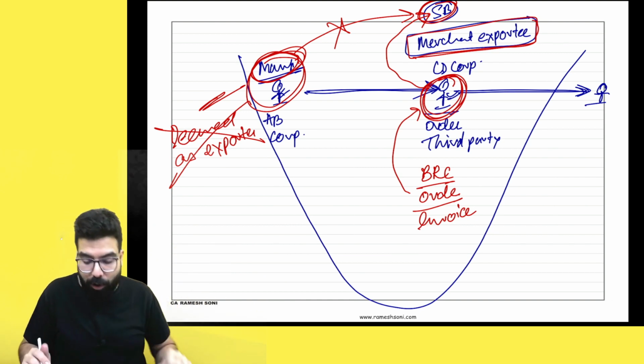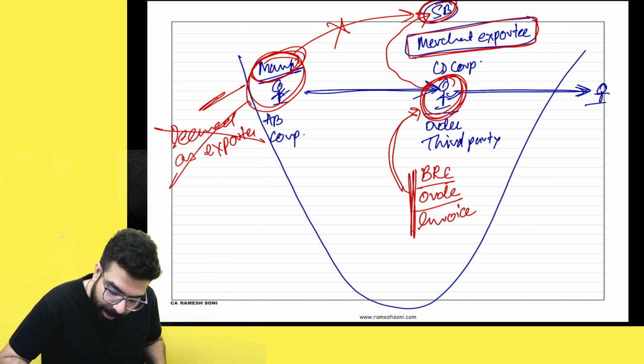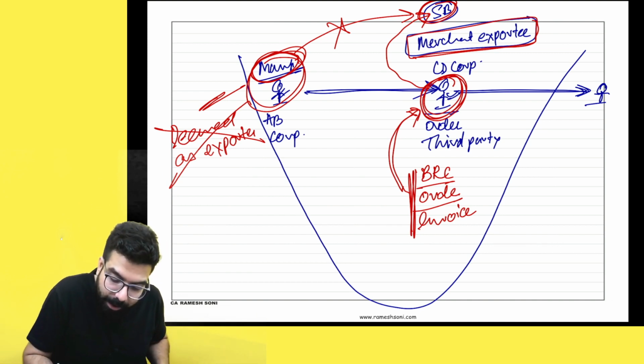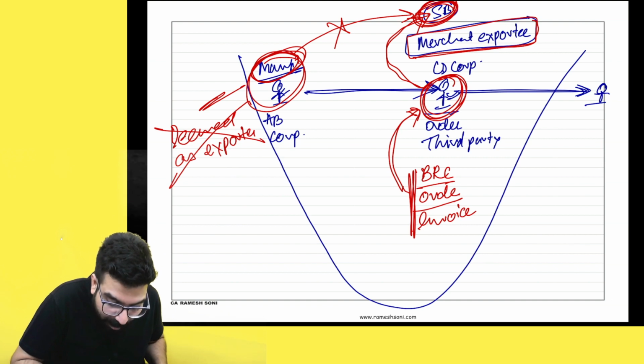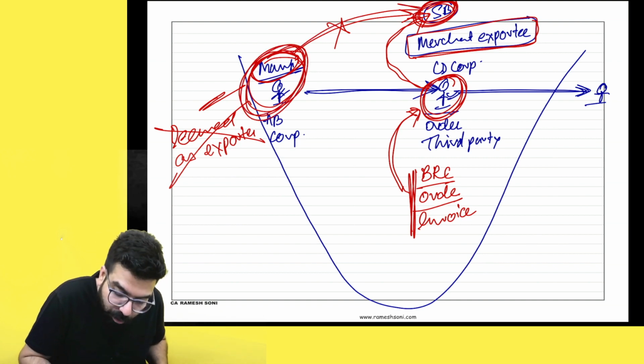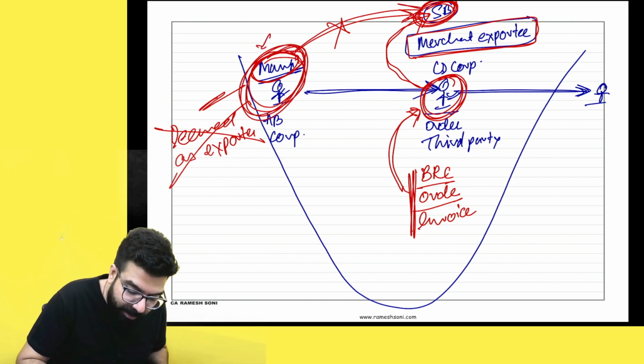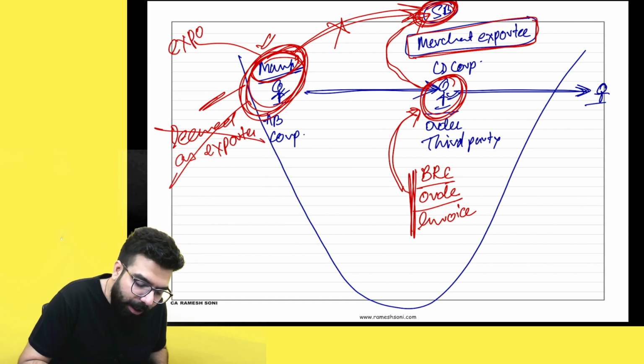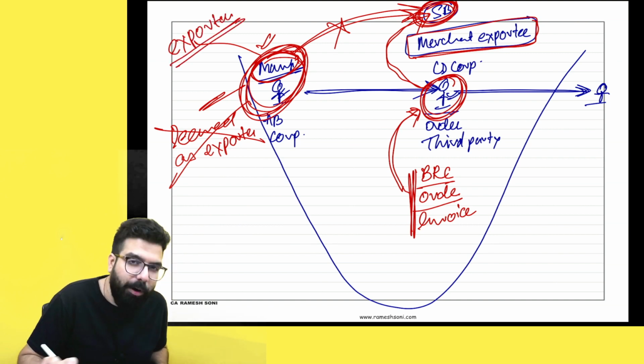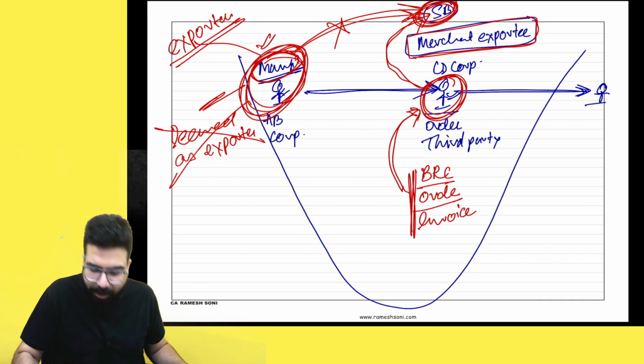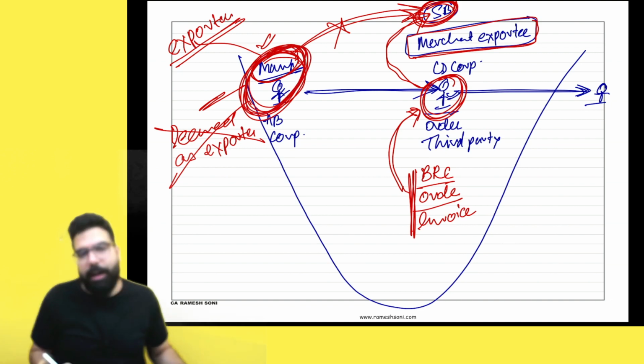Remember very carefully: in the other documents his name is there, no problem. But in the shipping bill, his name should be there and the manufacturer's name also should be there. Only then will the manufacturer be deemed as the exporter, and whatever benefits under foreign trade policies there are, like taking advance authorization, etc., he will be eligible to take it. Otherwise, no. That's all. Chalo, let's go ahead.